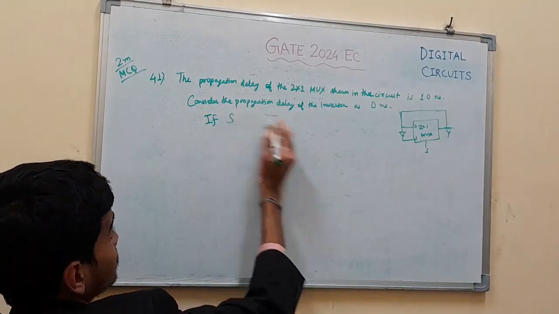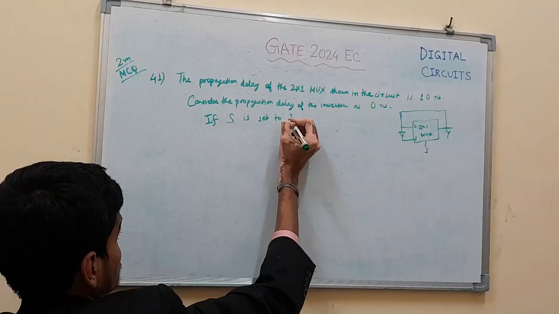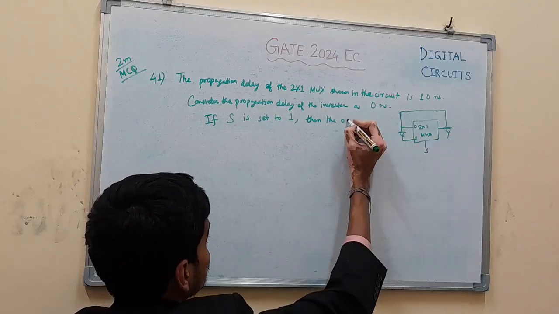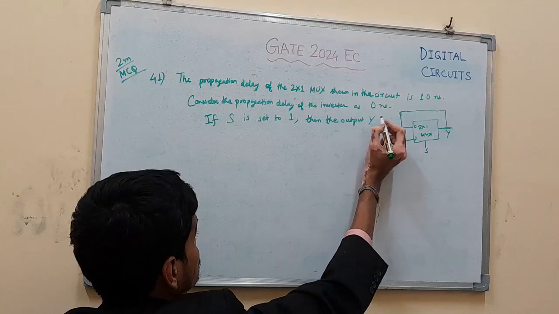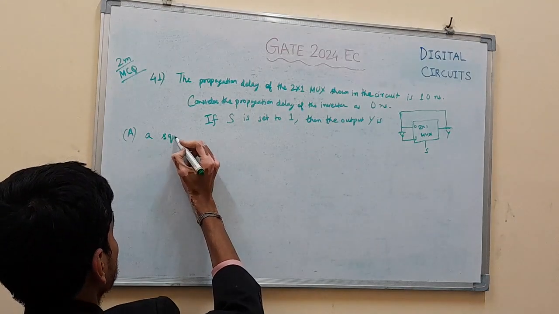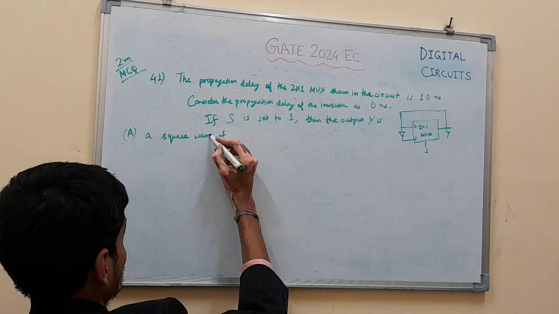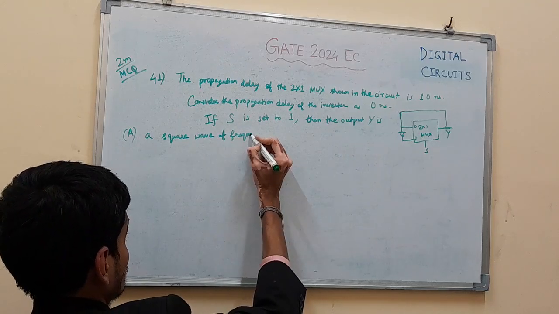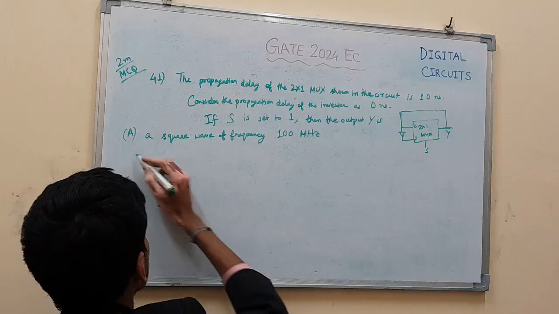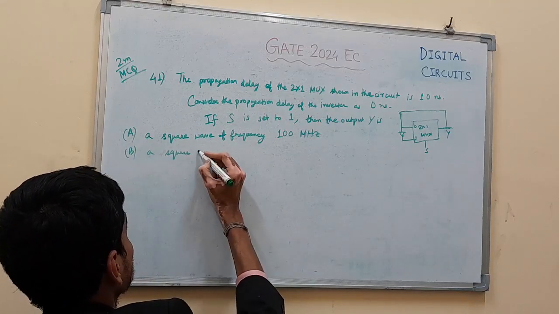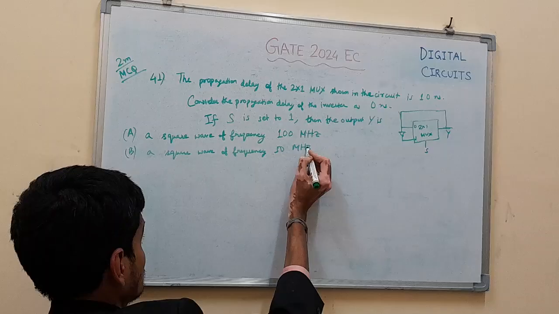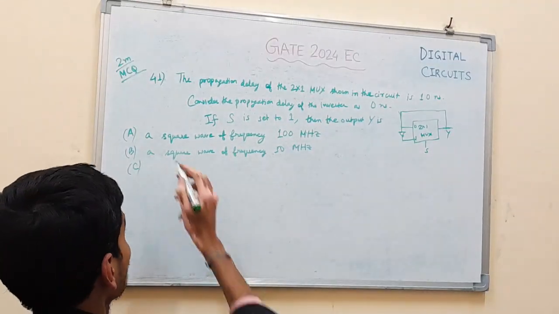If S, the select line, is set to 1, then the output Y is: option A, a square wave of frequency 100; option B, a square wave of frequency 50; option C, constant at 0; and option D, constant at 1.